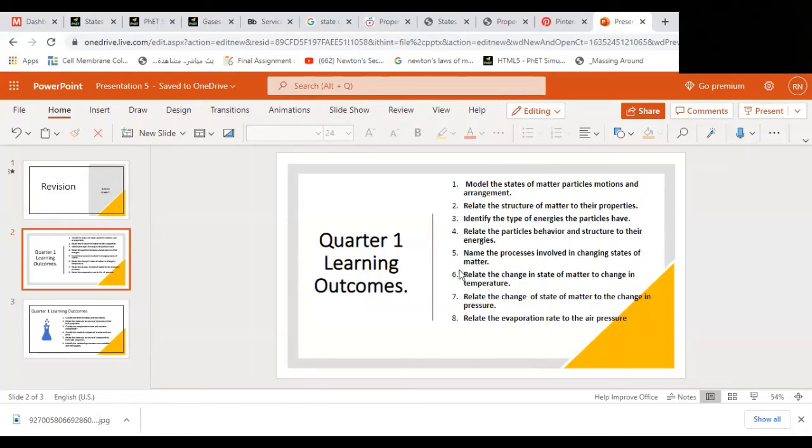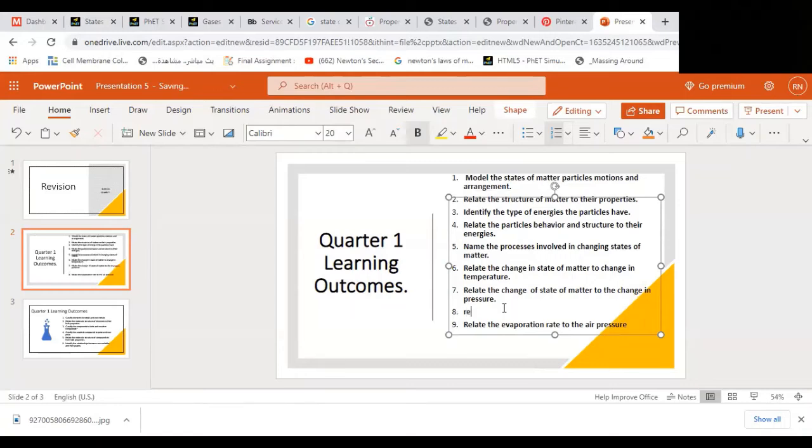Model the state of matter. We are done with relating the change of state of matter to the change in pressure. Okay, here I forgot to add one objective that I will add now.